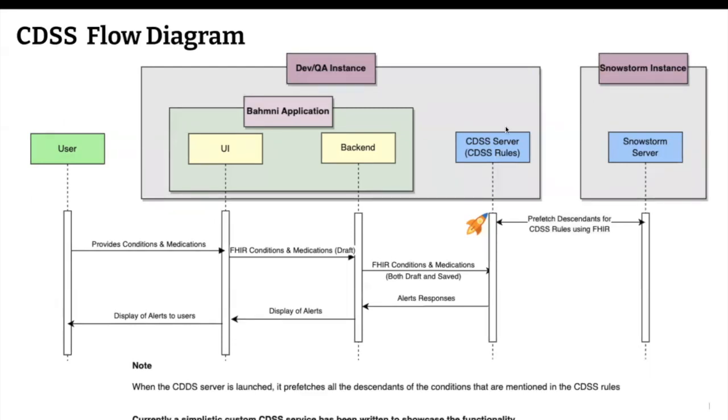At the beginning, once the CDSS server is launched, it first prefetches the descendants for the CDSS rules using FHIR, meaning whatever rules we have described in the CDSS, at the time of launch it will refer to the Snowstorm server and prefetch all the descendants of the CDSS rules by using FHIR.